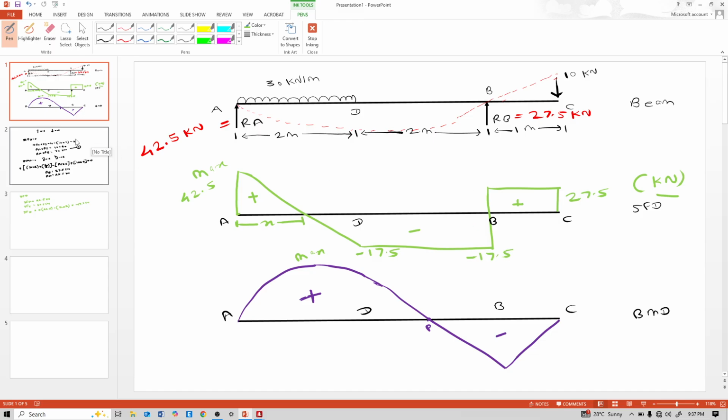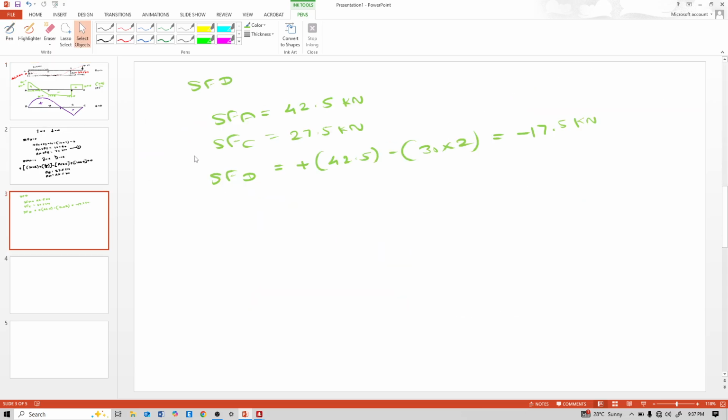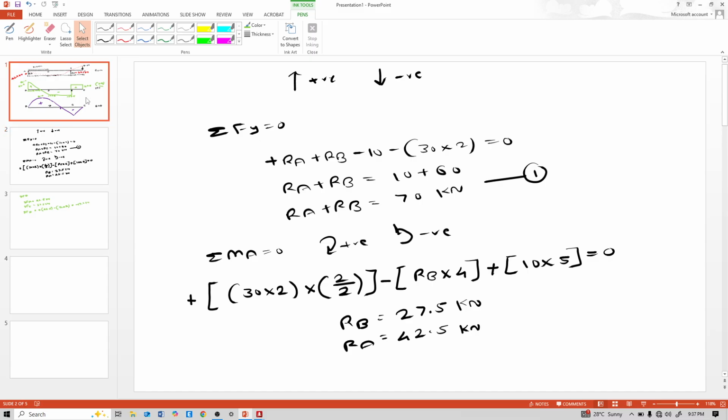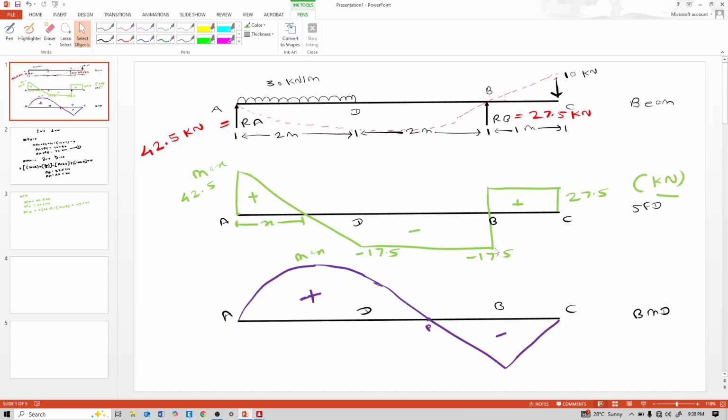And the reaction at B is 27.5. So minus 17.5 plus 27.5, it is 10. That means here it is 10, here also 10, and this 10 is downward, so 10 minus 10 is 0.